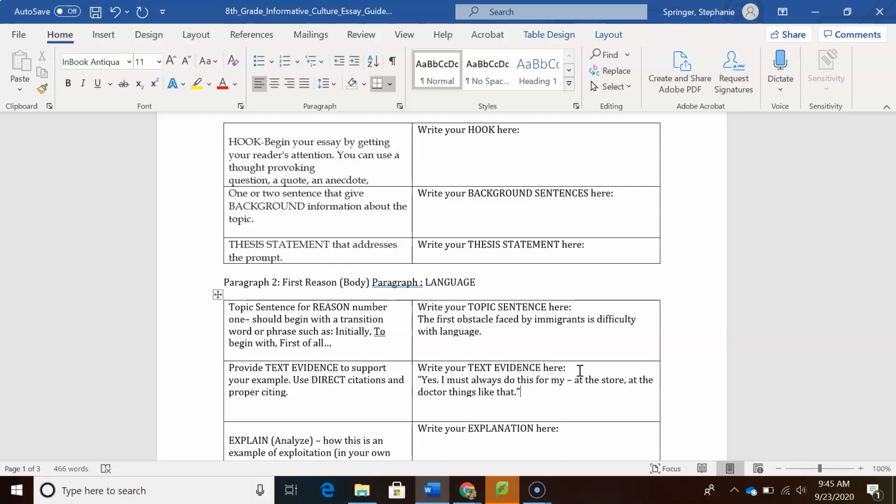Remember, we need to tell where we got this information from. We're pulling out text evidence and putting it in our organizer, but when we write our paper, we need that introduction of the citation. So, as a little side note to remind myself, I want to say where I got it from.